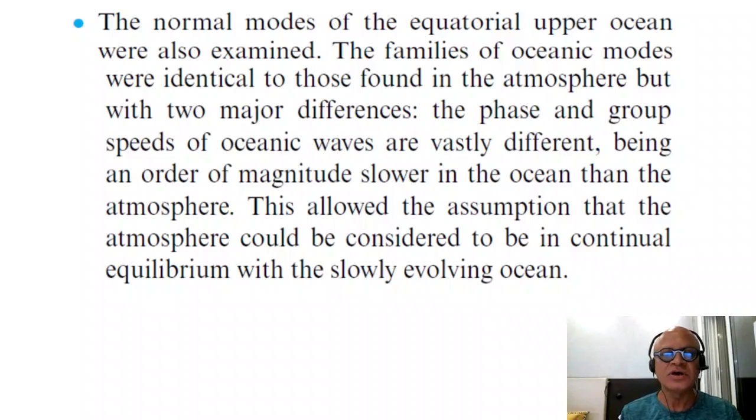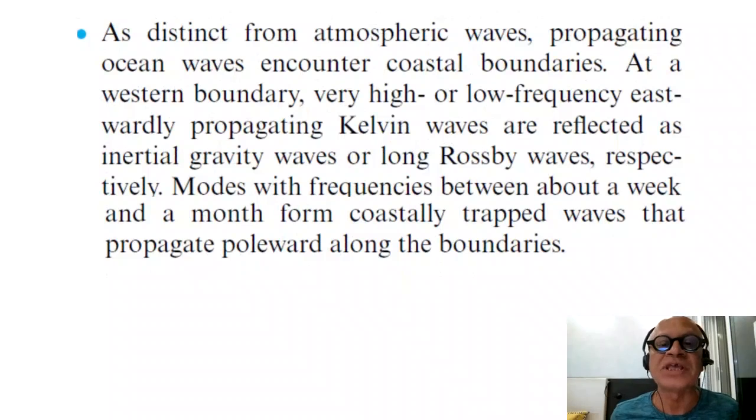This allows us to assume that the atmosphere is always in equilibrium with the slowly evolving ocean, which actually led to one of the first successful ENSO prediction models, the so-called Cane-Zebiak model, where they coupled a steady state atmosphere to an ocean that was time varying. Okay, and it still continues to be used for various ENSO process studies, but it was the first one to make a successful ENSO prediction as well.